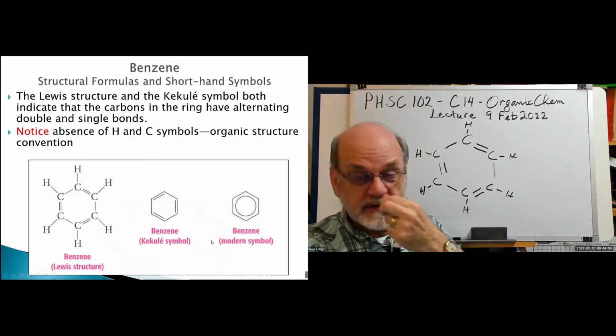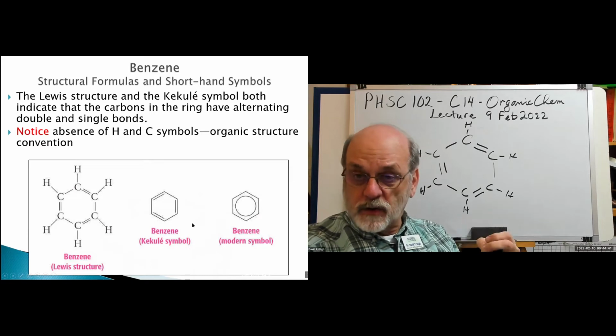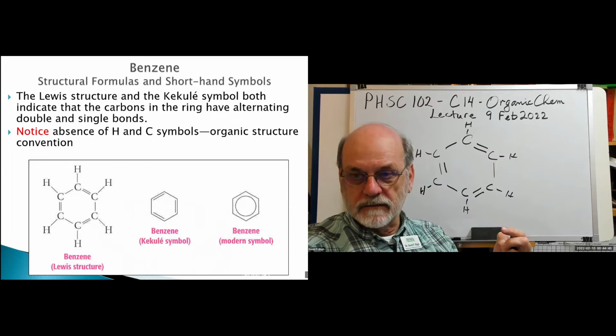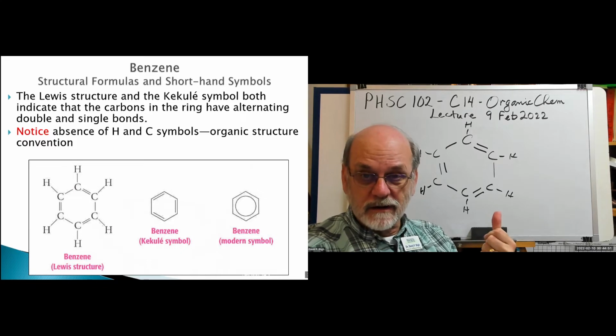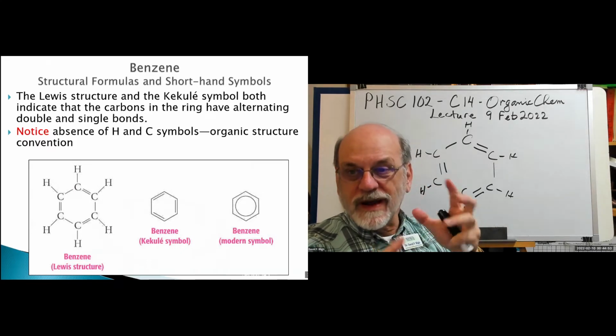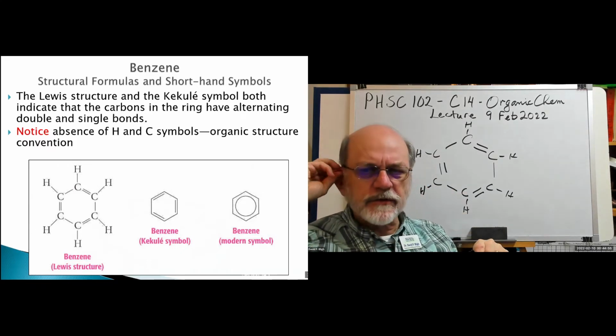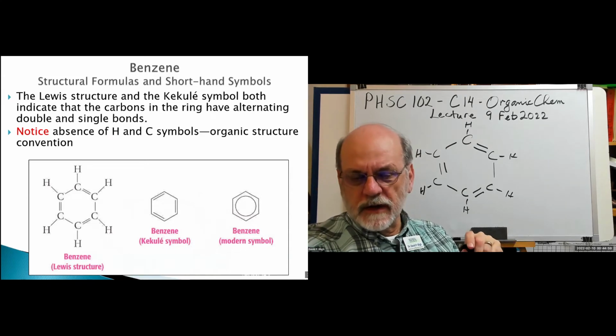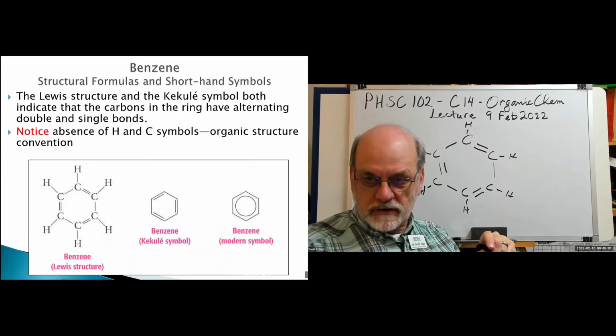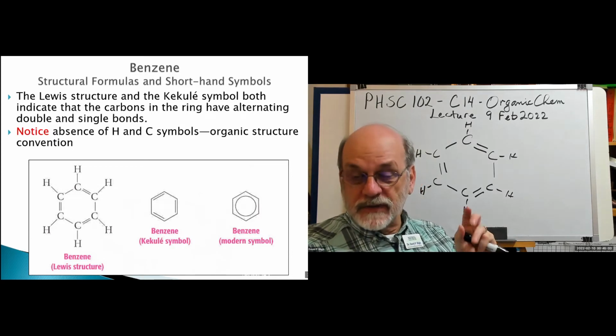Kekulé was another chemist who actually proposed the correct structure for benzene. For the longest time, chemists knew how many carbons were there, but they didn't know how they were arranged. So lots of different structures were proposed. And it wasn't until Kekulé proposed this ring structure that the mystery was solved.